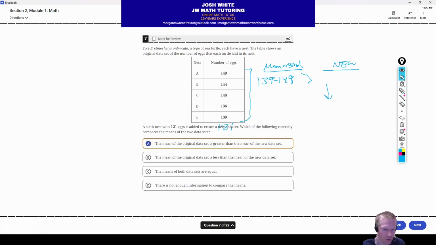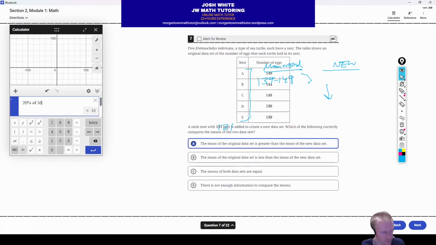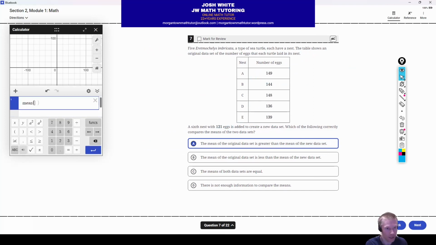But I will also show you that we can just go into Desmos and you can just quickly calculate the mean of the two things. Okay, so for the first one we have 143.2. So I would just jot that down.